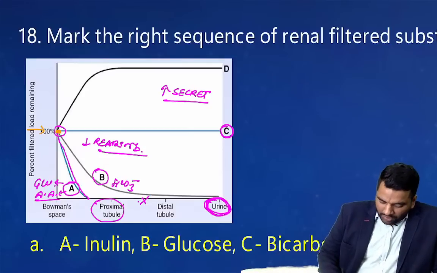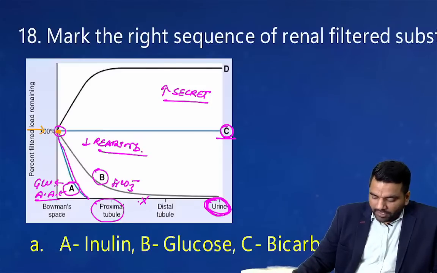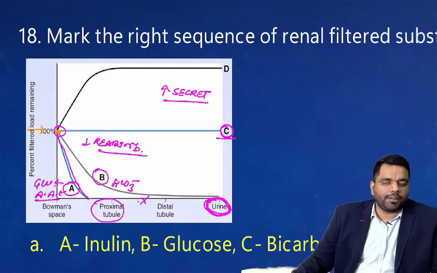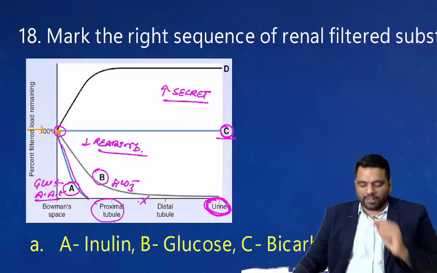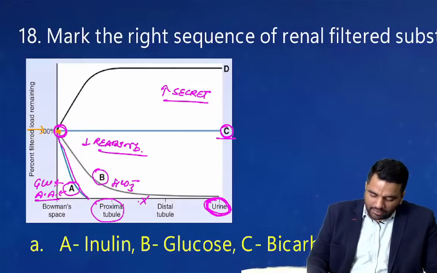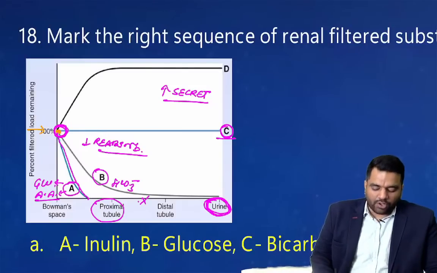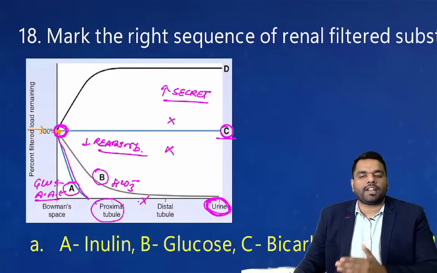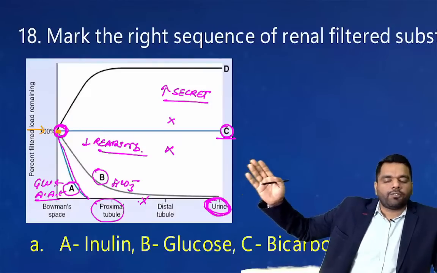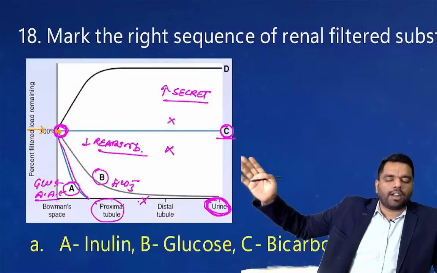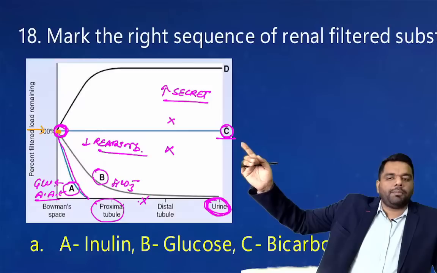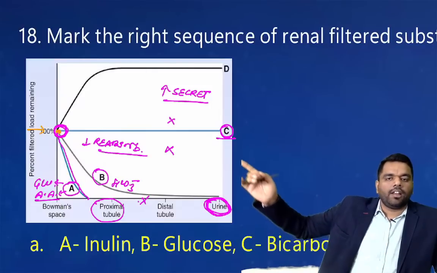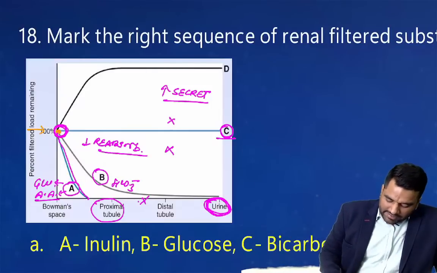Now, point number C means any substance which is filtered from this area, later on is not reabsorbed and not secreted. Whatever amount is filtered at the GFR or at the glomerulus level remains constant in the urine later on as well. And this is your inulin.